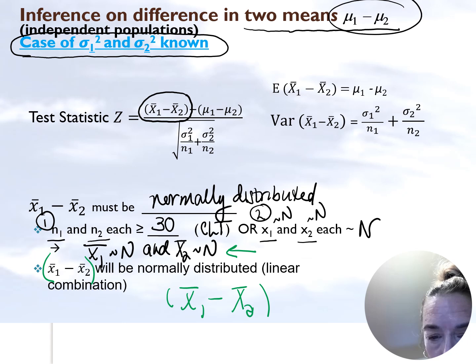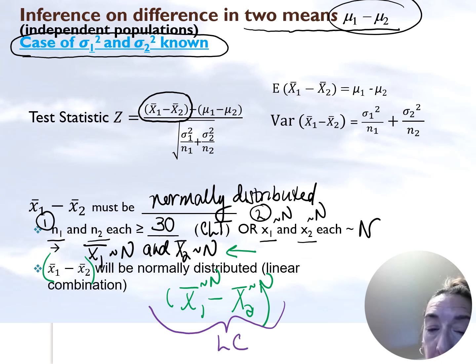So in other words, if we know x1 bar normal and x2 bar normal, then this quantity here is a linear combination of each of these two random variables, and if they're normal, the linear combination will be normal.